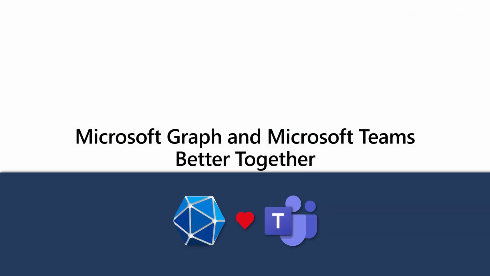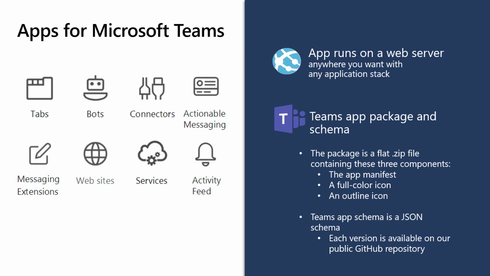Well, we all know that Microsoft Graph and Teams are better together, but how? Let's take a look at the Microsoft Teams apps first. For Teams, we can build tabs, bots, connectors, and any of those listed on the left. Our Teams app will be running on a web server, either in the cloud or on-premise, anywhere you want with any application stack.